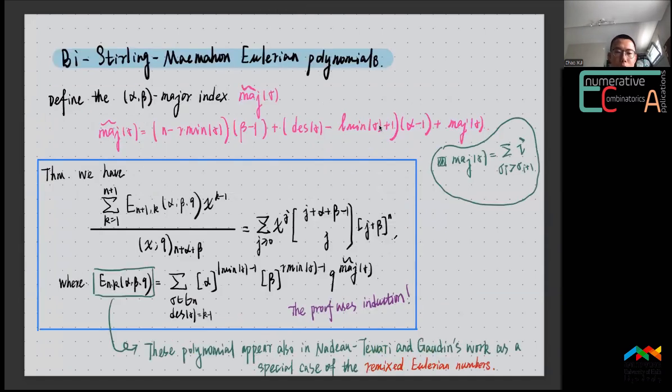We introduce a mixed alpha-beta major index defined by this, where the major index is the sum of the indices i that are descent positions. So we derive this, and this polynomial E_k(alpha, beta, q) also appeared in another work of Savage as a special case, the Eulerian polynomials, and we proved this using induction.